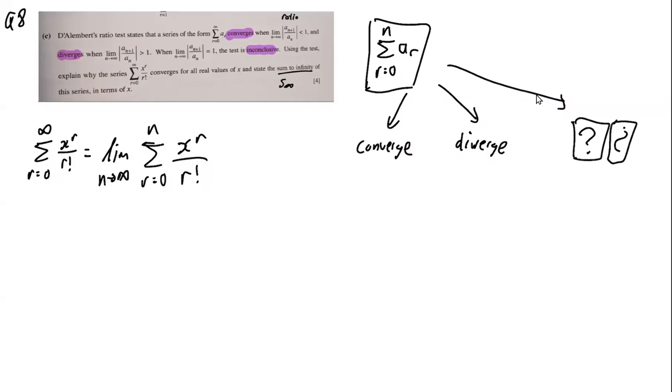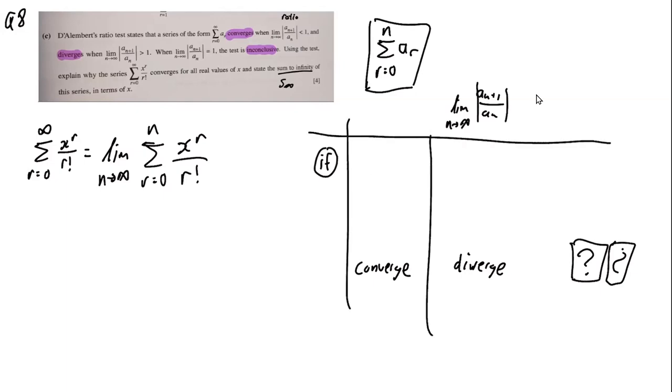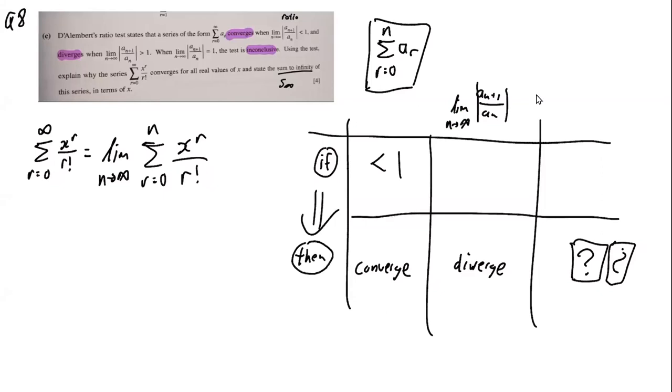The correct way to write this, to summarize what they just said, is that you take the limit of the modulus of an plus 1 over an as n goes to infinity. Let me just draw it as a table. If that limit here is less than 1, then we can conclude that the summation converges.